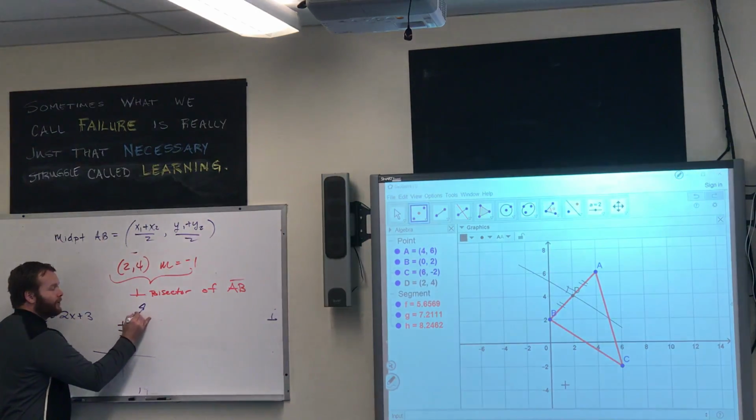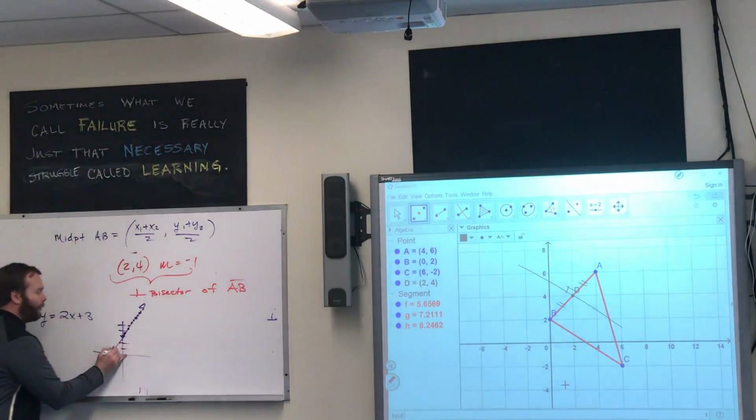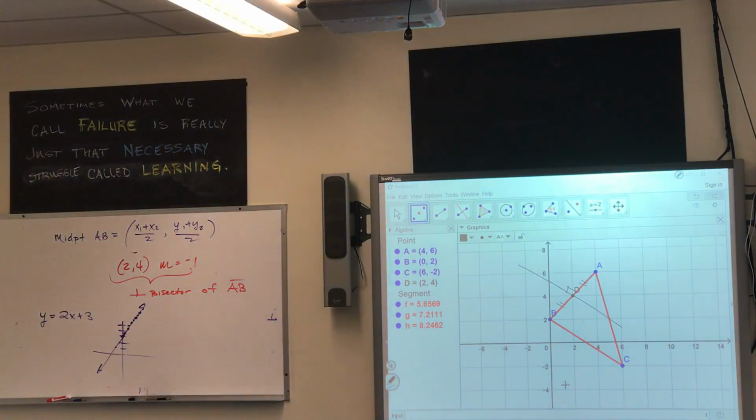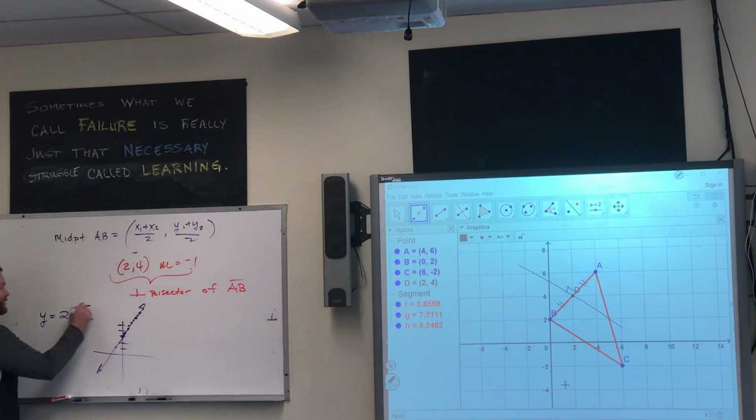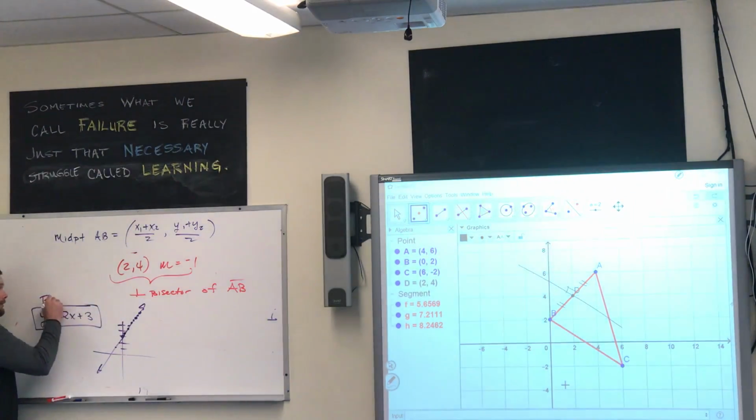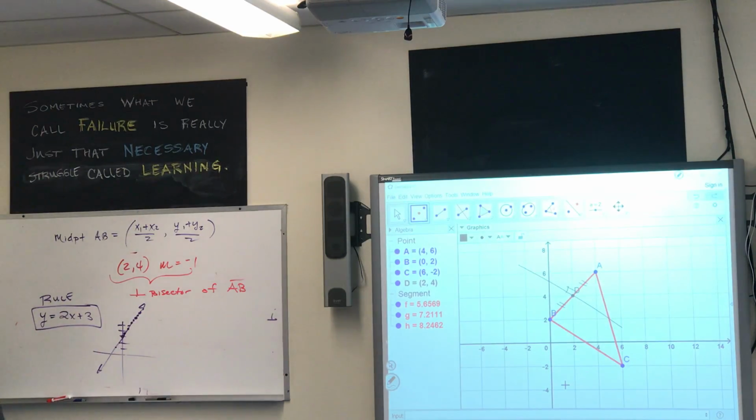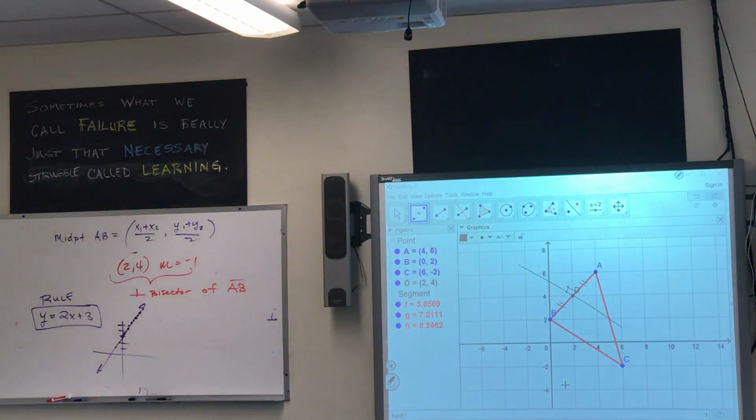So I've got all these ordered pairs, and we're interested a lot of times in all of those ordered pairs, and maybe listing them. Well, if I had a list of infinite objects and my goal was to write them all down, am I going to be able to do that? No. So this is a tool, a rule that provides you a manner of writing all those infinite ordered pairs at once.